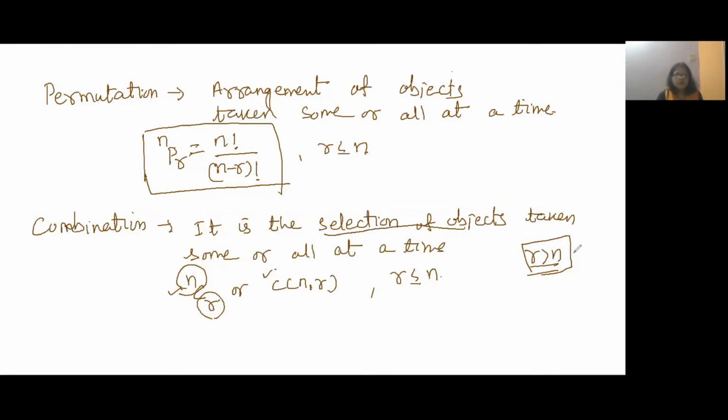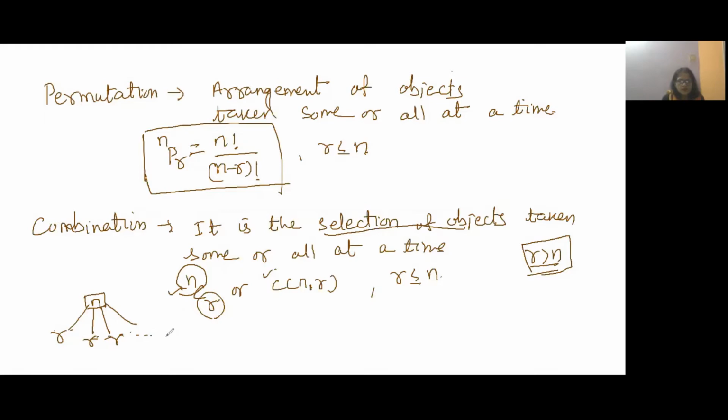Okay, so basically this is combination. Now coming to the relationship between permutation and combination. Suppose you have n objects. You are selecting r at a time. Like this. Now here are objects, here also are objects.